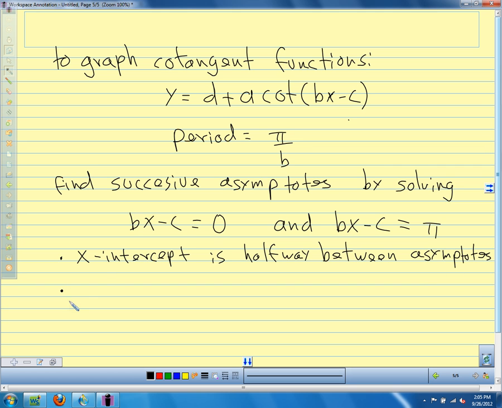And I'm going to plot additional points, 2 additional points. And the points that we're going to pick, to make it nice, are halfway between the asymptote and the intercept.